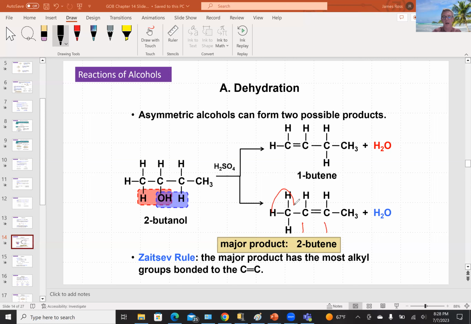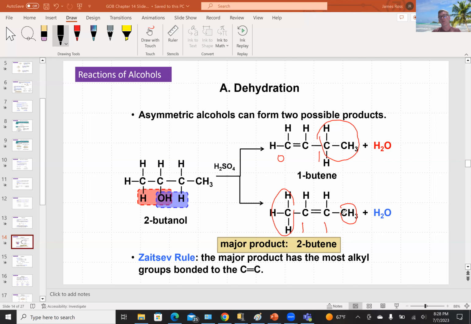So this is an alkyl. This is an alkyl. Either side of the double bond. Here we have an alkyl, but here we have 0 alkyl. So it's either you have 0 and 1 alkyl or 1 total, or you have 1 and 1 alkyl or 2 total, and we want to maximize that number.